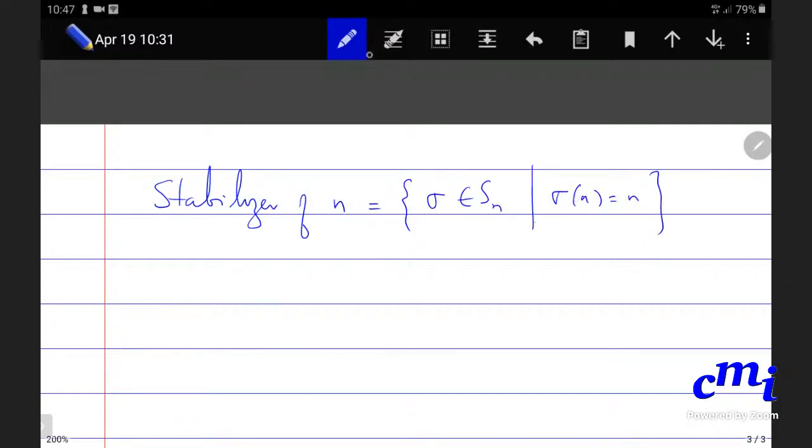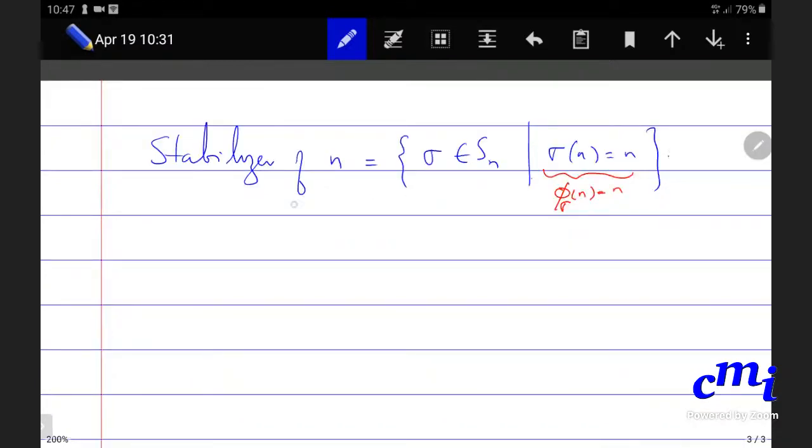So what are the permutations in Sn which send n to n? This is the same thing as S n minus 1, that is, permutations of 1 up to n minus 1.